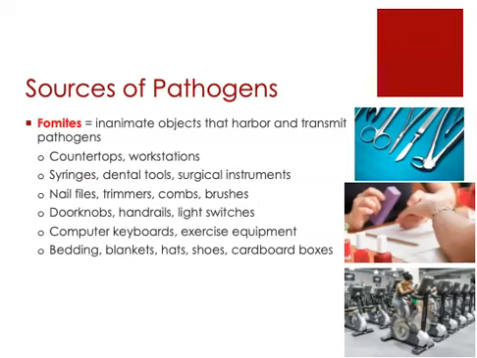These things are capable of harboring certain pathogens, and therefore, when one person touches the fomite and leaves the pathogen behind, it can become a source for the next person who touches the fomite.